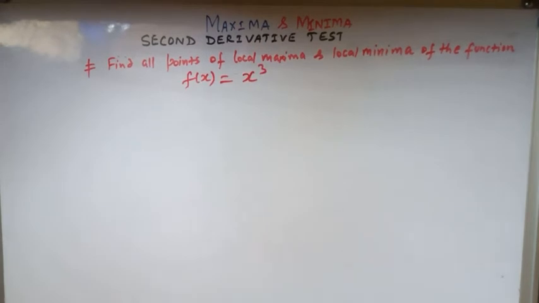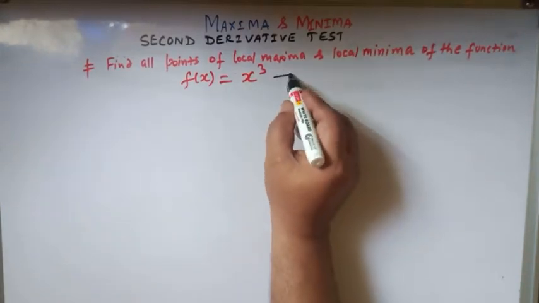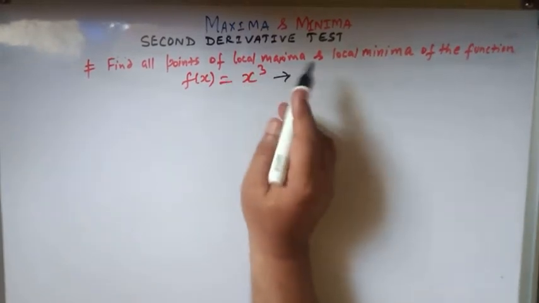Now viewers, I am taking one more problem here, and this problem is a very conceptual problem. Find all points of local maxima and local minima of the function f(x) equal to x cube. Now viewers, this is a famous function.